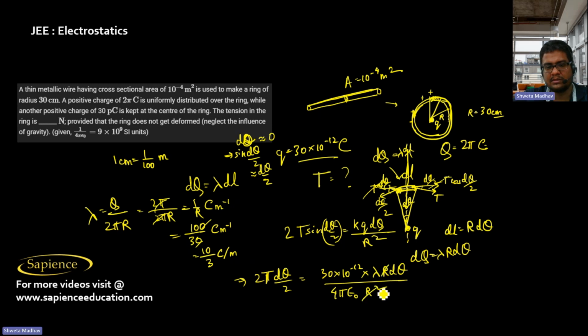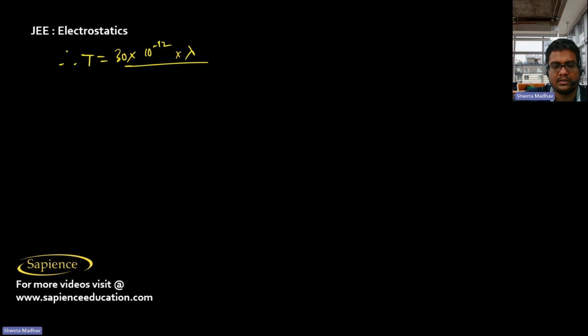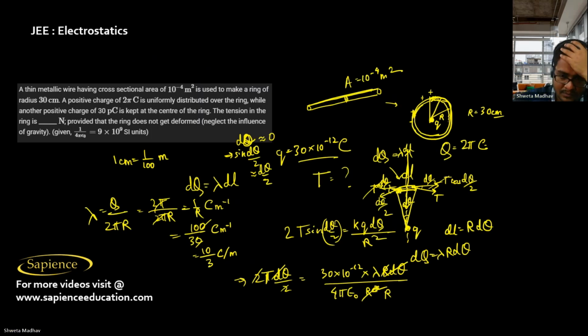R cancels, but one r will remain. Now 2 will cancel out, and d theta also will cancel out. So to find the tension in the ring, T is equal to 30 into 10 power minus 12 into lambda divided by 4 pi epsilon naught r.